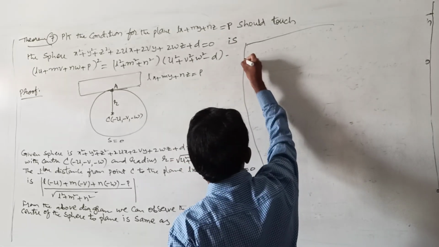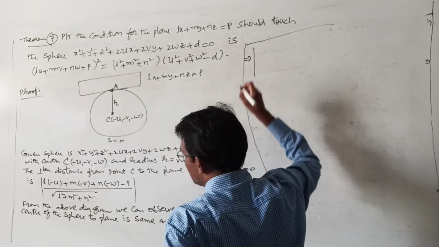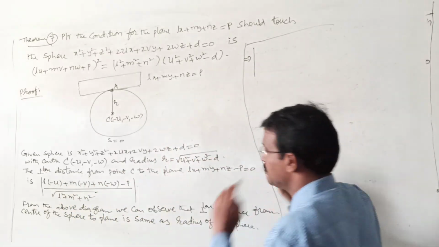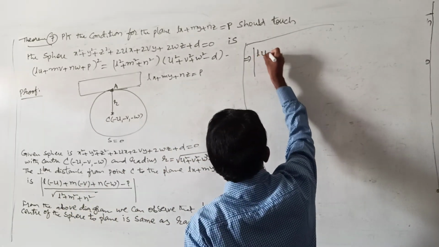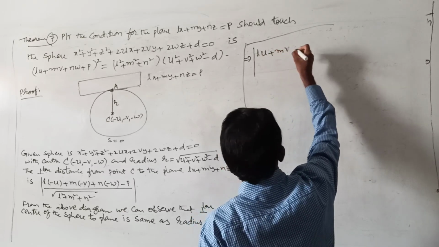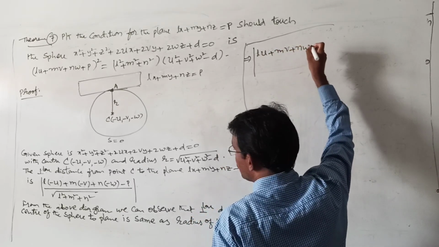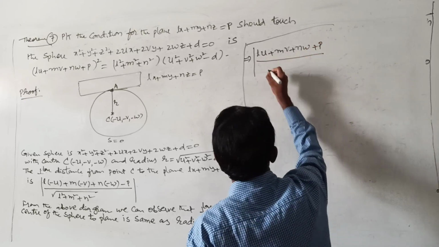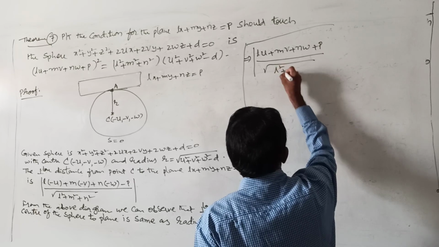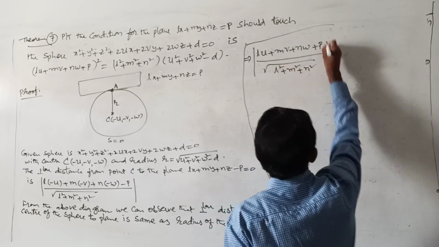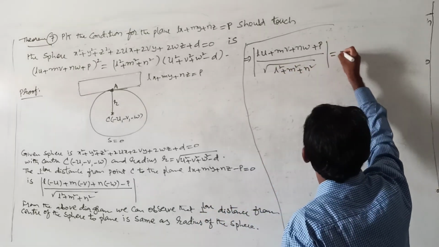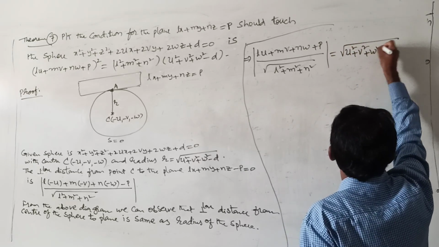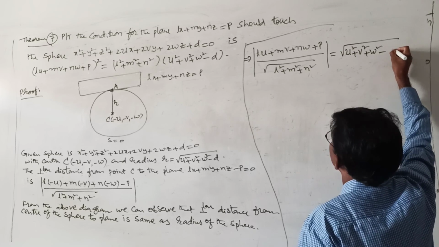This implies modulus, here you can take the minus common totally. Inside the modulus you can proceed with minus as plus. It is mod of Lu plus Mv plus Nw plus P, whole by square root of L square plus M square plus N square, is equal to square root of u square plus v square plus w square minus d.